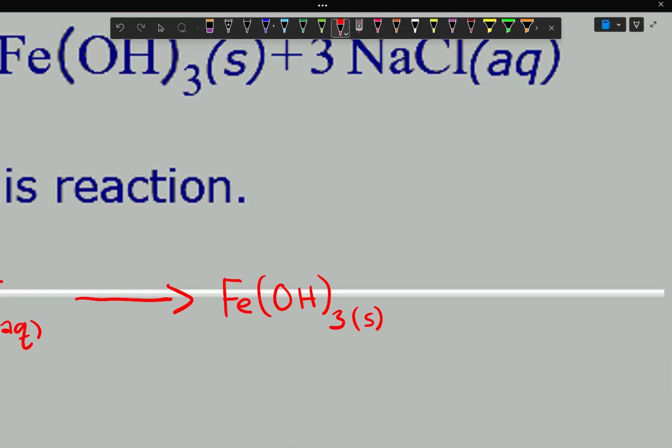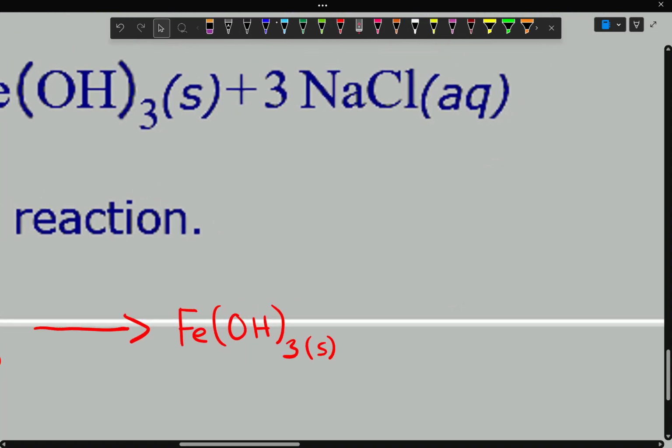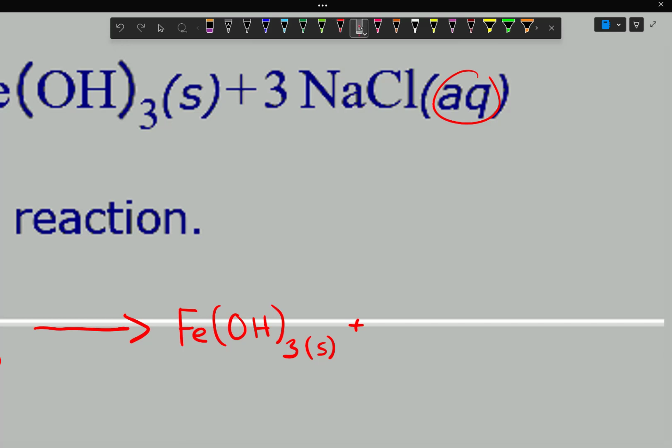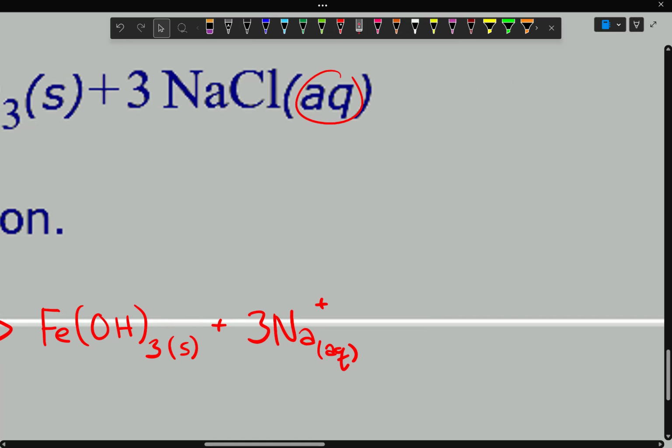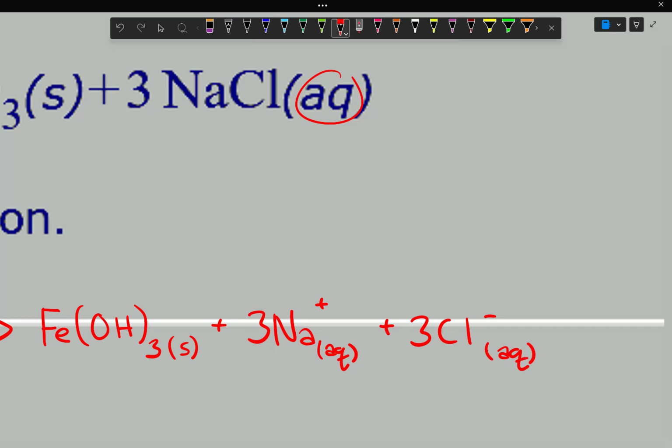And now moving on, this is aqueous, so this will be splitting up into its ions. So we're going to be plus, the 3 is going to distribute, and we're going to be left with 3Na+ aqueous, remember your charge, which is +1 for sodium, and 3Cl- aqueous.